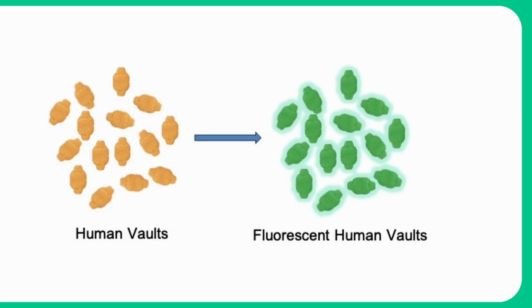How could that happen? We got an important clue from a set of experiments that looked at which kinds of human immune cells in the blood take up VALTs. To do this, we prepared fluorescent VALTs by reacting them with a fluorescent dye.